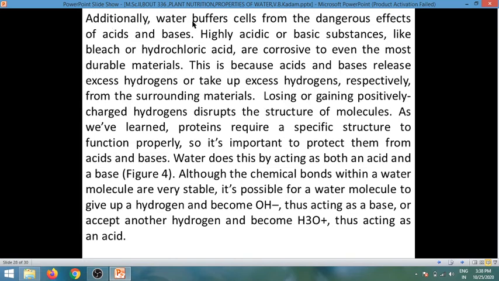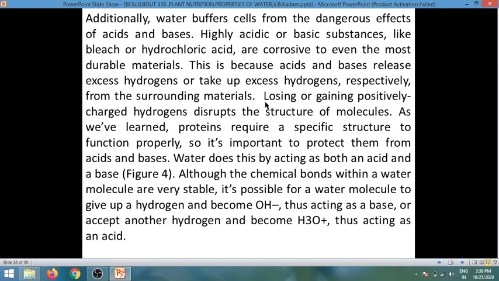Additionally, water buffers cells from the dangerous effects of acids and bases. Highly acidic or basic substances like bleach or hydrochloric acid are corrosive to even the most durable materials. This is because acids and bases release excess hydrogens or take up excess hydrogens, respectively, from the surrounding materials.